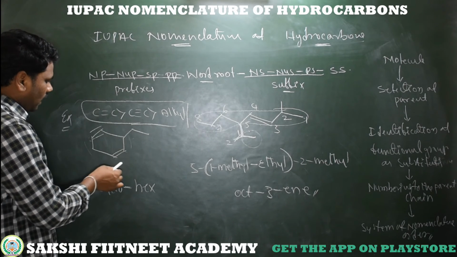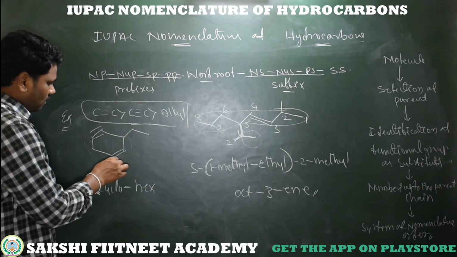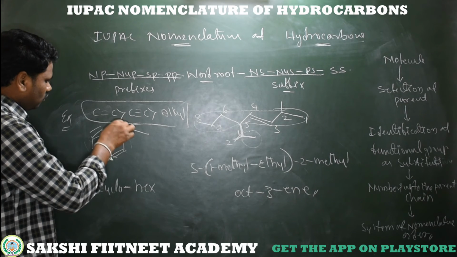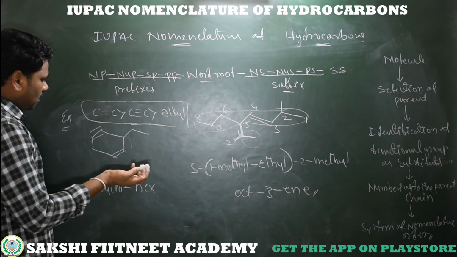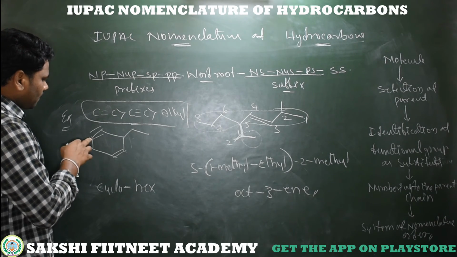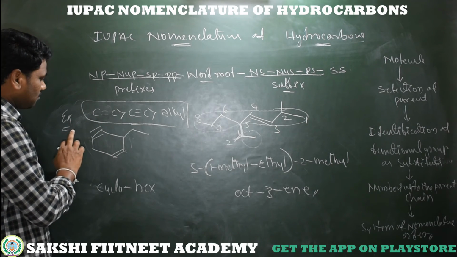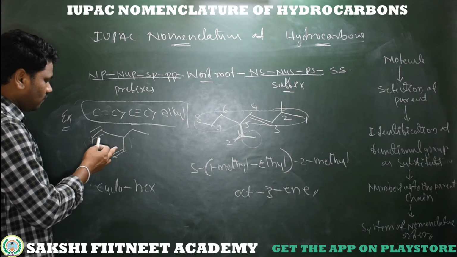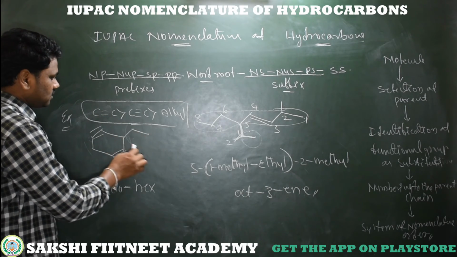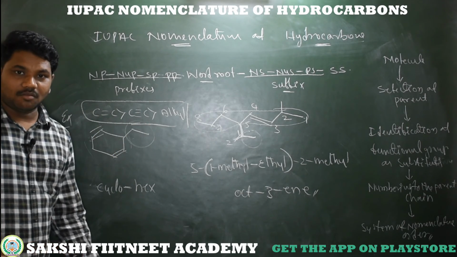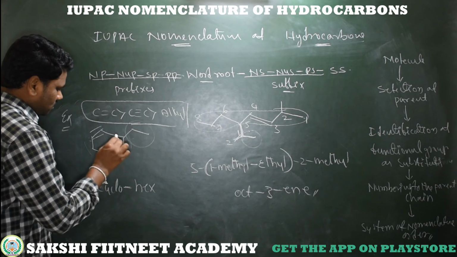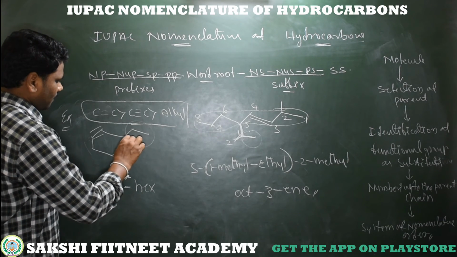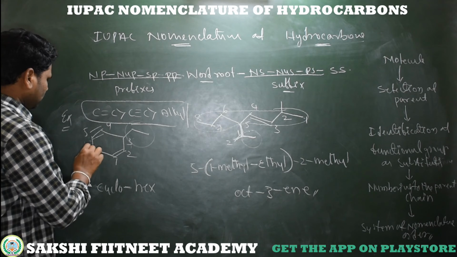Following anti-clockwise, at third position we get the alkyl group and at fourth position the unsaturation. So the unsaturation gets the same number either way, but if I follow anti-clockwise, the alkyl group gets a lower number. So better to start numbering from here: first, second, third, fourth, fifth, sixth.